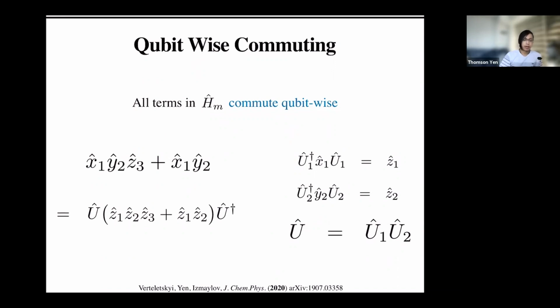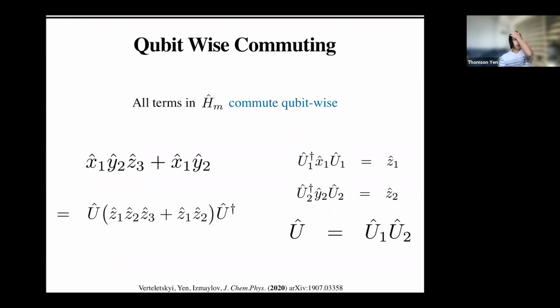The downside of qubitwise commuting is that the condition is very strict. So most of the time, the terms don't have exactly the same Pauli matrices on all qubits. So empirically, what we found is generally the number of terms in the same group, if you pursue this method, would be like 2 to 3. So this only offers a constant speed up over the most naive approach of measuring individual qubits.